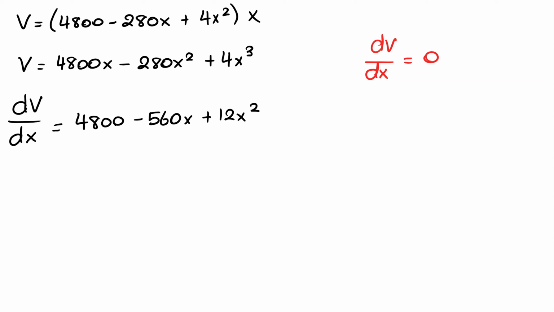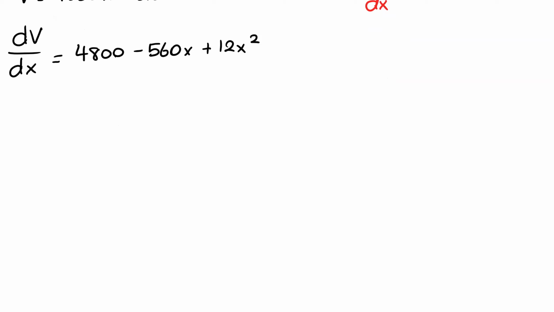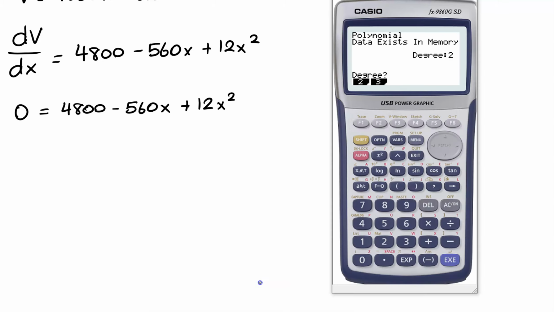Now what you could do over here is, because we're going to make this equal to 0, so I'll go 0 equals 4,800 minus 560x plus 12x squared. It's a big expression, I could try and take out common factors, but we've got a graphics calculator, so we might as well use it. So I'll bring that out.